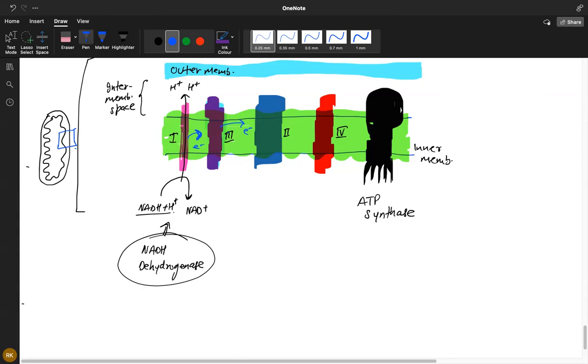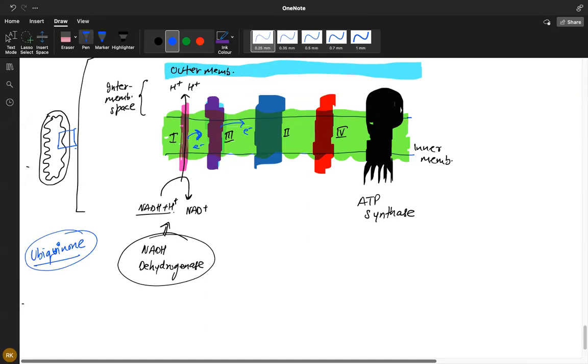Spelling is UBIQUINONE. I will write it here. Just some details. I know you don't have to remember these details for your boards, but just remember that from complex 1 the electrons go to ubiquinone.